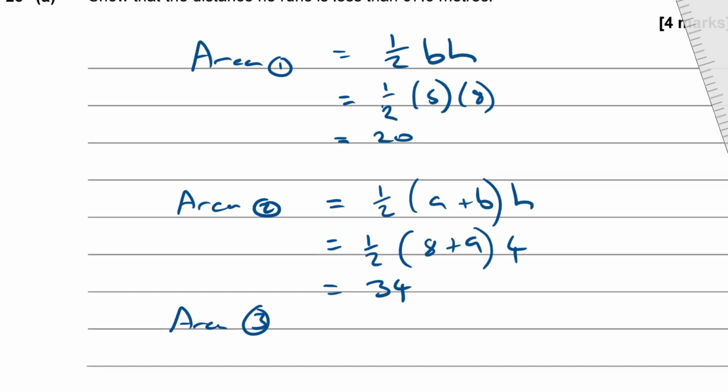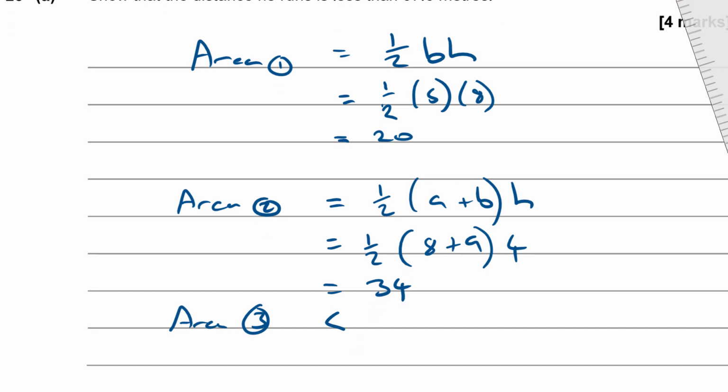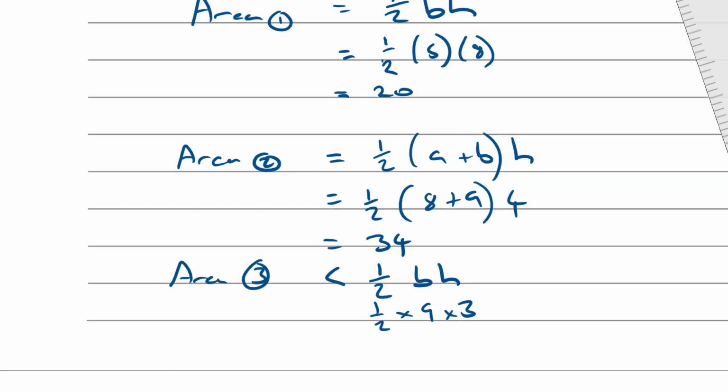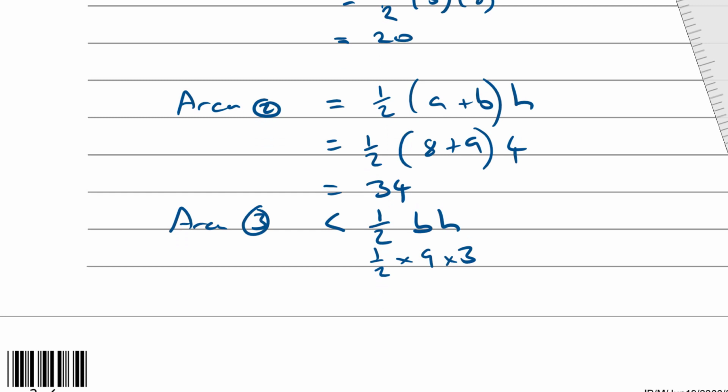So we can say that area 3 is going to be less than half base height, which is half times 9 times 3. So 9 threes are 9, 18, 27 divided by 2 is what, 13.5. So area 3 is just slightly less than 13.5.